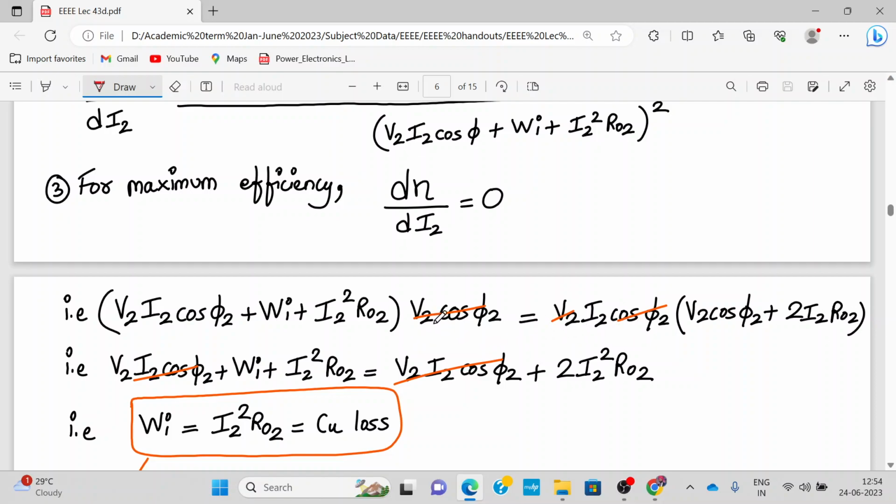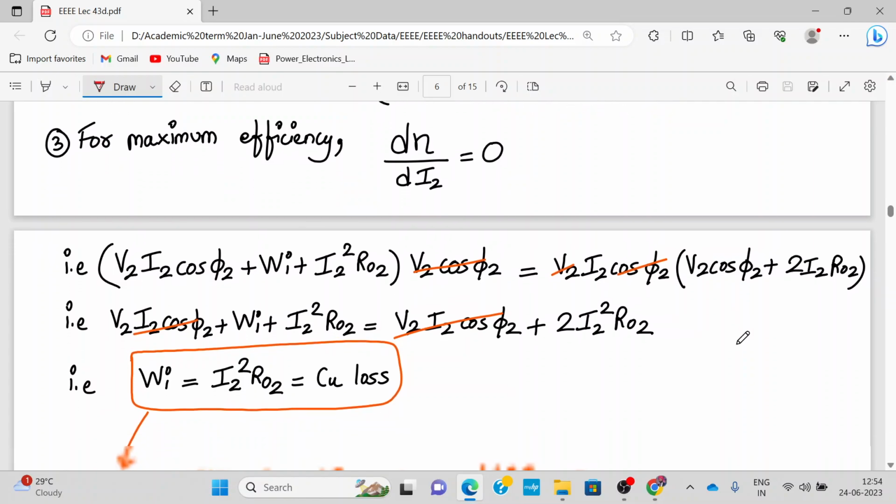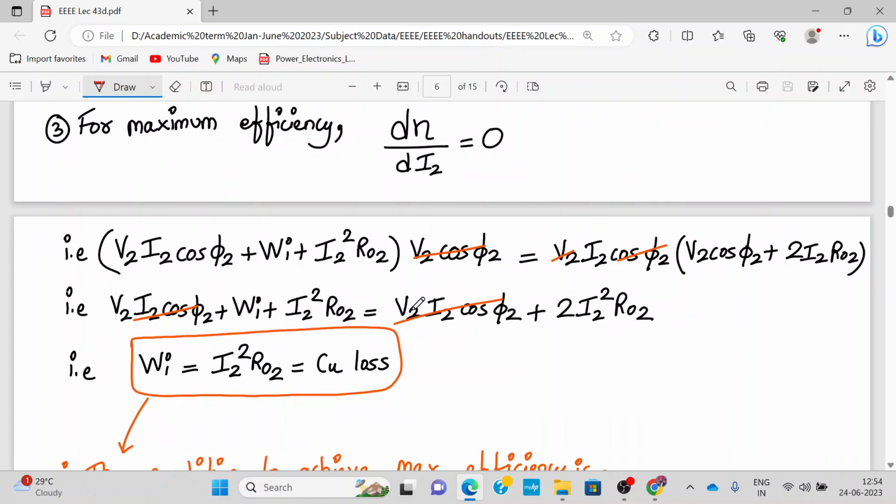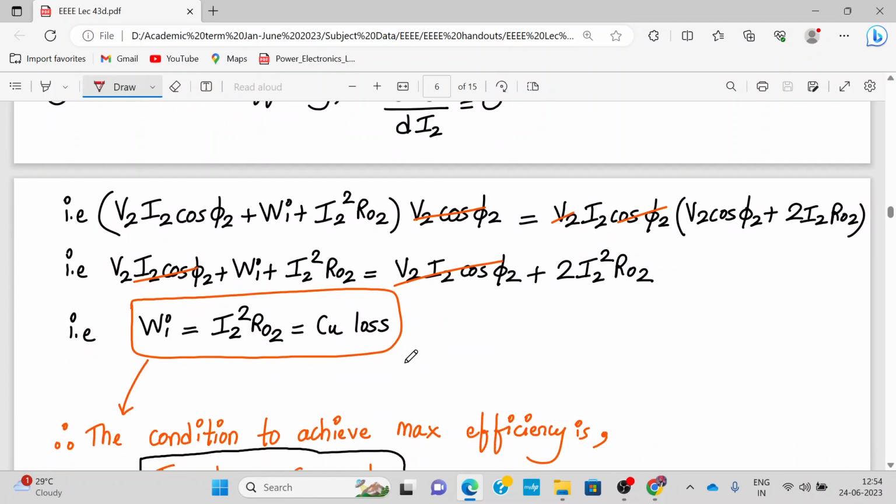V2 cos phi 2 gets cancelled. If you open the bracket, V2 I2 cos phi 2 plus WI plus I2 square RO2 is equal to V2 I2 cos phi 2 plus twice I2 RO2. Cancelling the common terms, you get WI is equal to I2 square RO2. And I2 square RO2 is the copper loss.